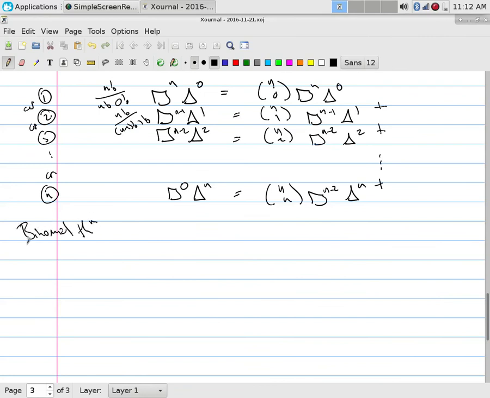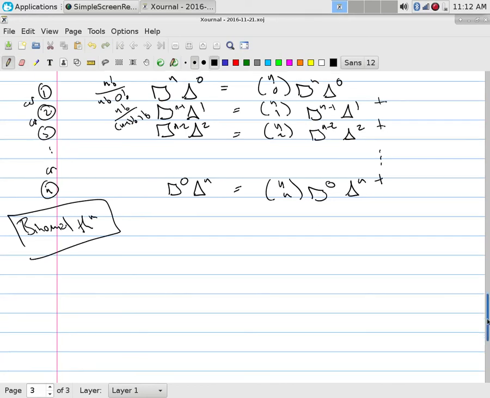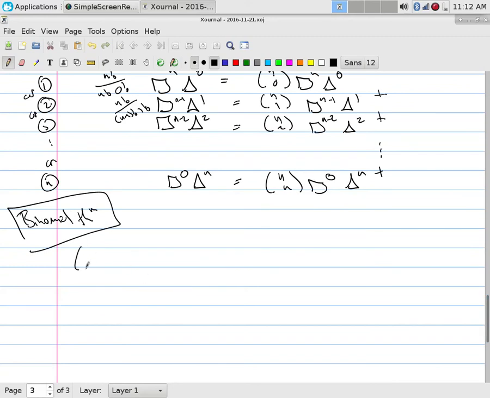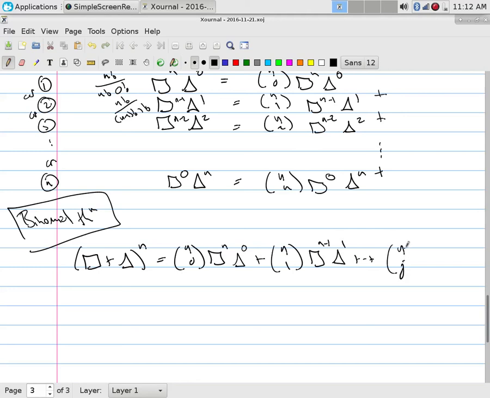On that last one, n choose n, square to the... Oh, 0. That should be 0. So we get square plus triangle to the nth power is n choose 0, square to the n, triangle to the 0, plus n choose 1, square to the n minus 1, triangle to the 1, plus somewhere in here is n choose j, square triangle.